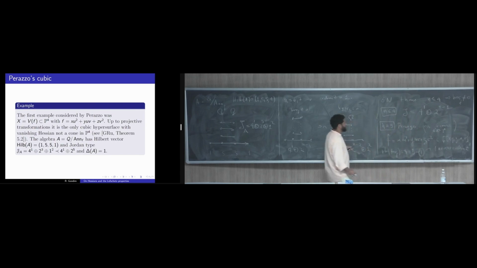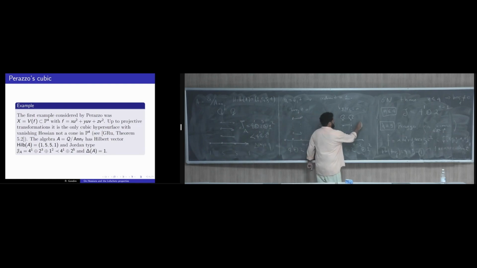The Perazzo example is this one, which is less than the generic one. And you can compute the delta. The delta is the codimension of the polar image, or the corank of the Hessian, which is the same. Delta is 1 in this case.